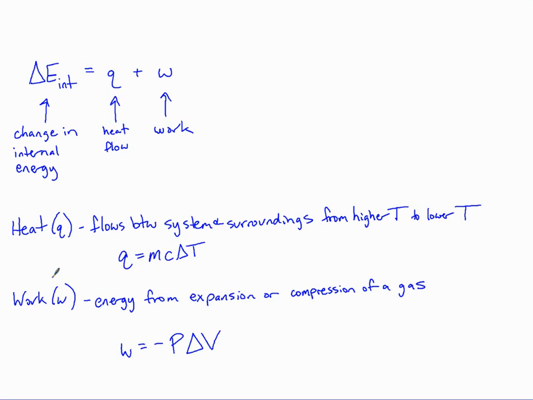There's a formula for the work. So the work equals negative P, which is the pressure, times delta V, which is the change in volume. Work equals negative pressure times the change in volume. So you'll notice here that delta V means the volume is changing, but P does not have a delta.